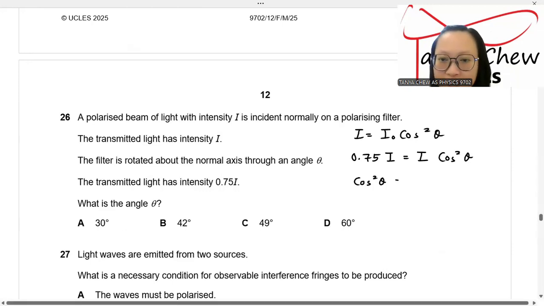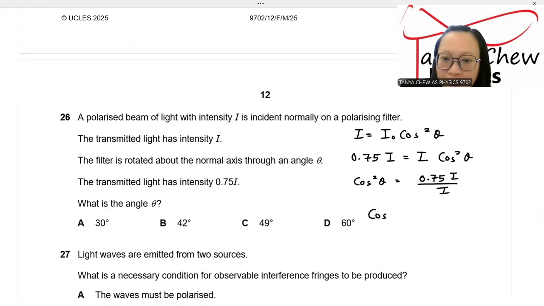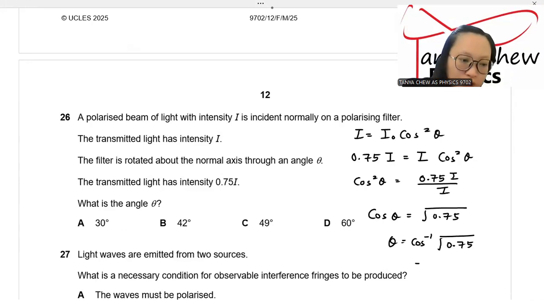Cos squared theta is equal to 0.75 I over I. The I's you can cancel off. So cos theta is equal to the square root of 0.75, and theta is equal to shift cos of the square root of 0.75, and you should be able to get 30 degrees. Remember to change your calculator to degrees, not radians.